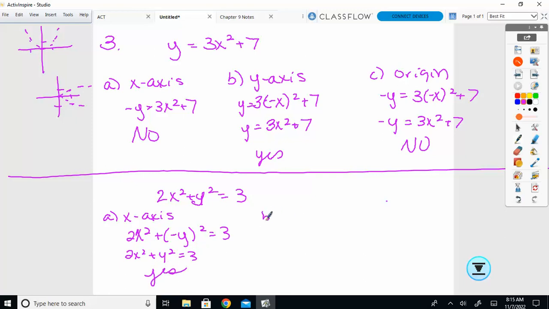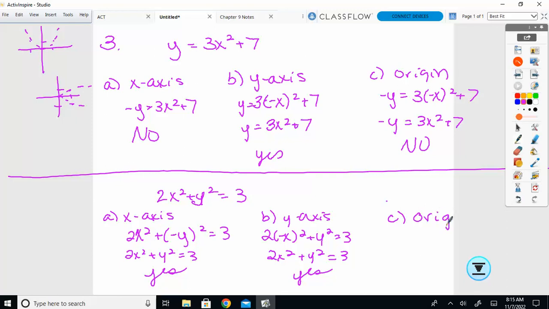If you check the y-axis and make your x negative, then that one's also going to be a yes. How do we check the origin? Both. Yeah. So I just wanted to throw this one up just to remind you, you don't have to have just one yes. It could be multiple yeses, so you do have to check them all.